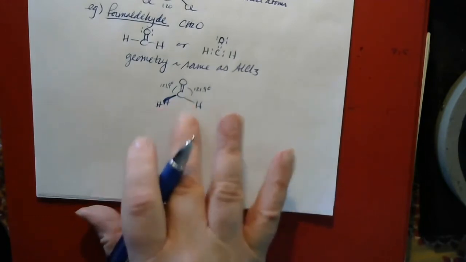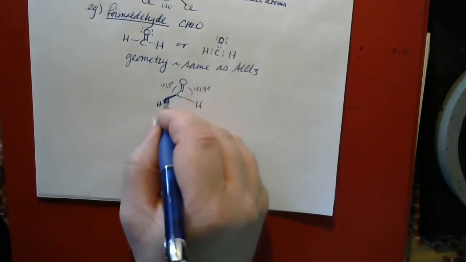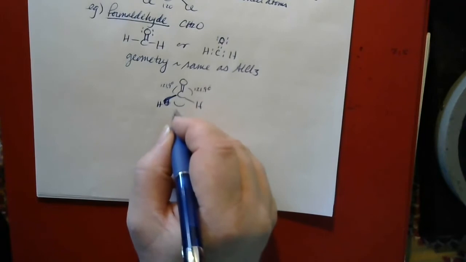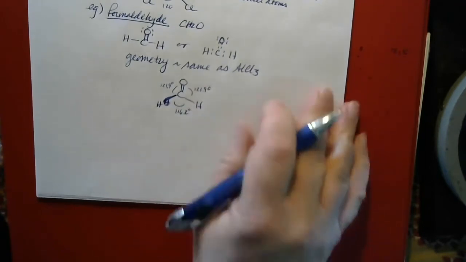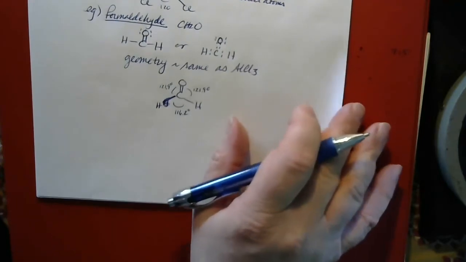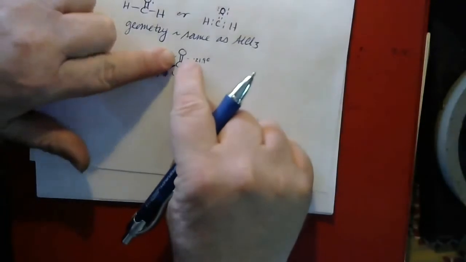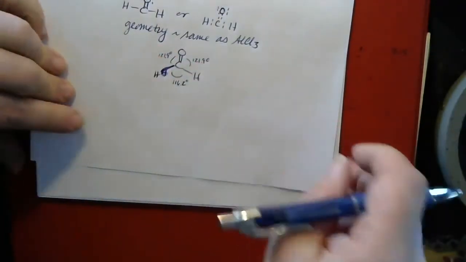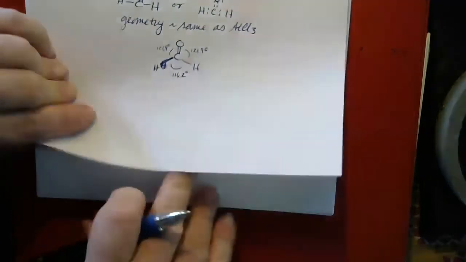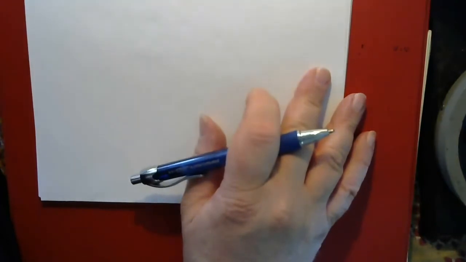And that's enough to push the hydrogens a little bit closer together compared to what you would normally expect, and so their angle is only 116.2. You don't have to know those angles. Just know the effect that the double bonded oxygen has on them by pushing the hydrogens a little closer together. That's the important thing, not the exact number of the angle.